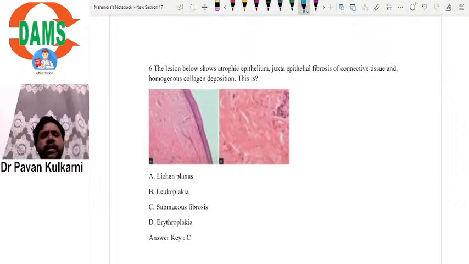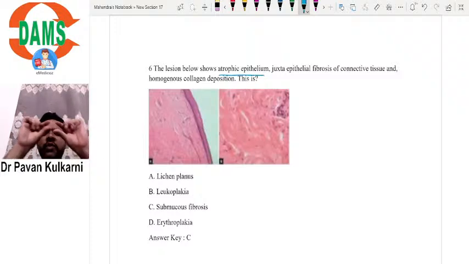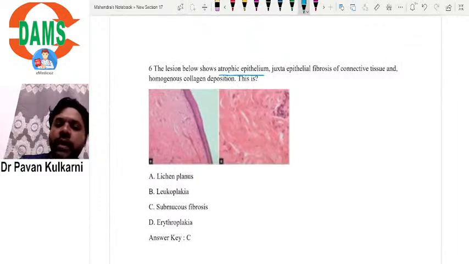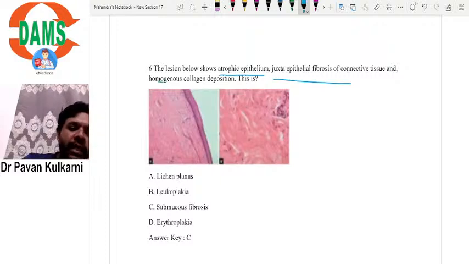The next question says, the lesion below shows atrophic epithelium. First point, atrophic epithelium is very thin. Juxtaepithelial fibrosis. What do you mean by juxtaepithelial? Juxtaepithelial is a term for just below the epithelium. So just below the epithelium in the connective tissue, there is fibrosis and homogeneous collagen deposition.